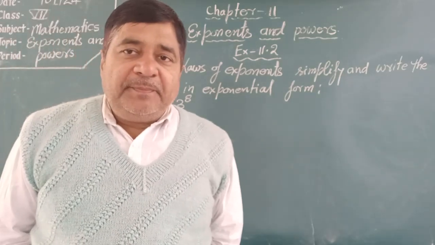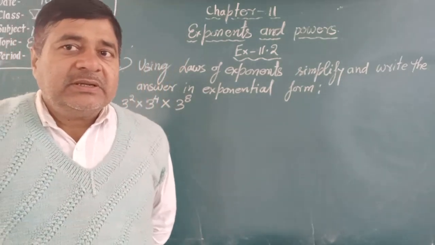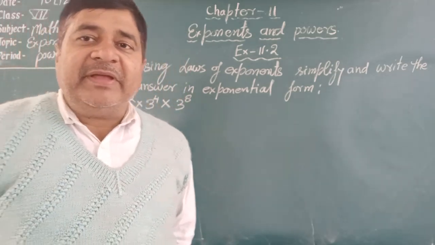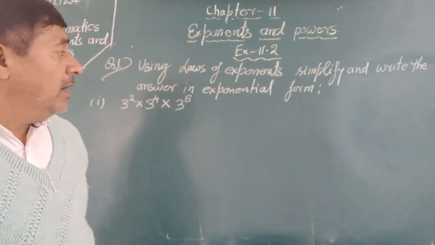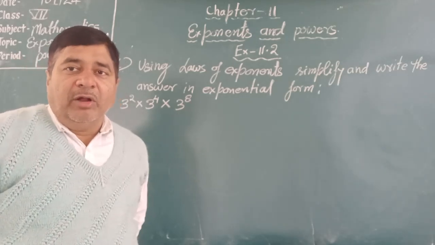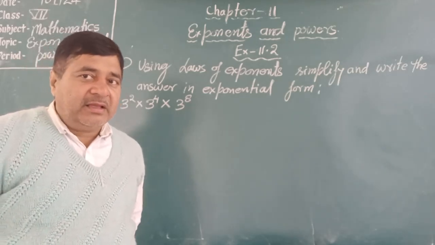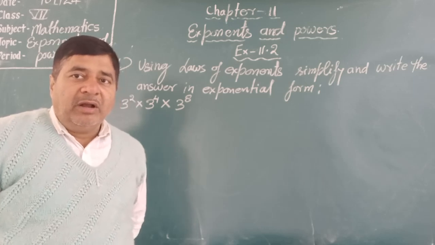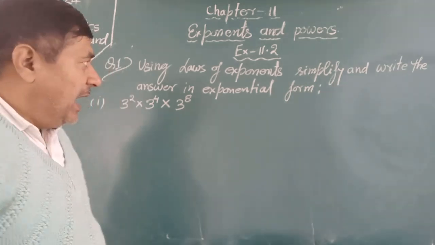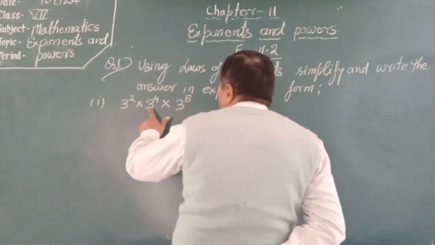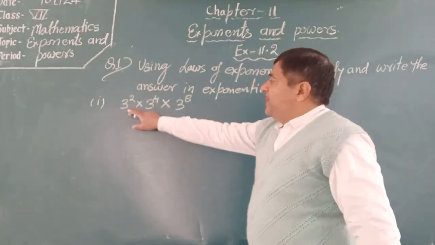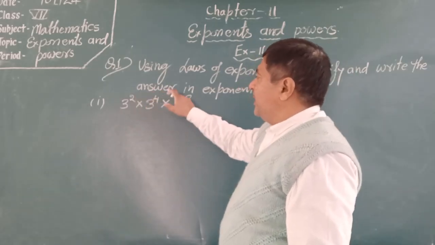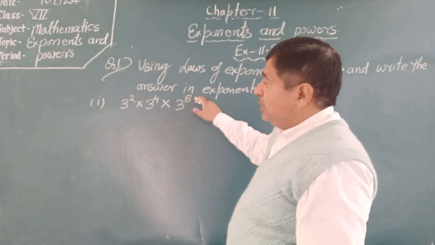In a previous class, I explained the laws of exponents very clearly. I think you already understand it. Here, you see the bases are the same, but the exponents are different.